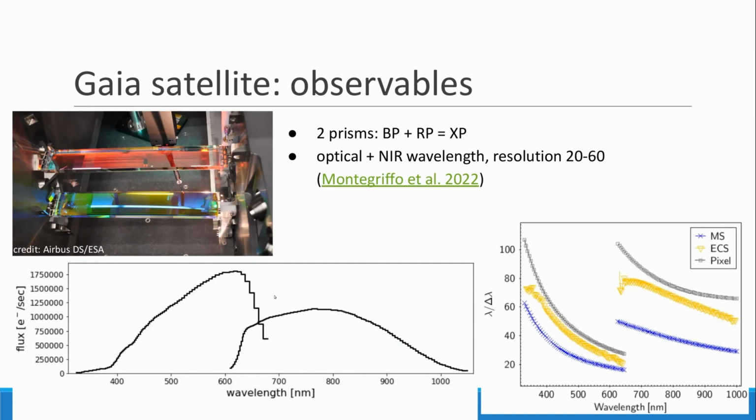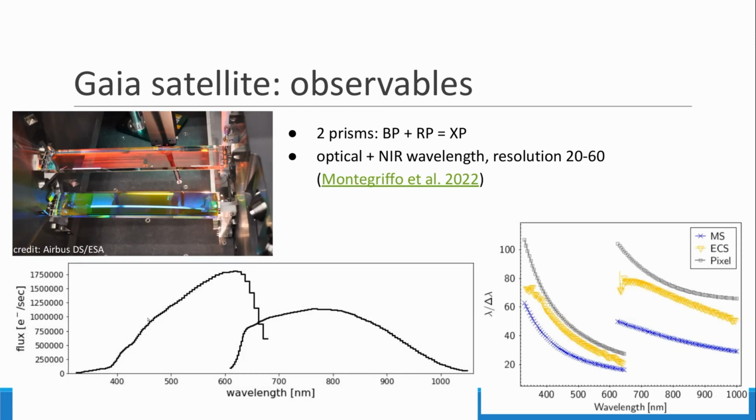Now here in the bottom left, I'm showing you one example of these BP-RP spectra. This is for a solar twin, this nearby star 18 Sco, which is fairly bright, 5th magnitude for Gaia. And here you can see this is actually two spectra, because you have two rows of CCDs, you have two prisms, so you get two spectra.